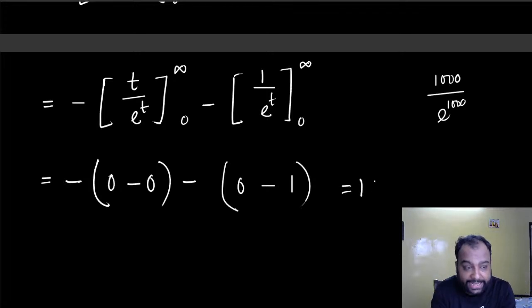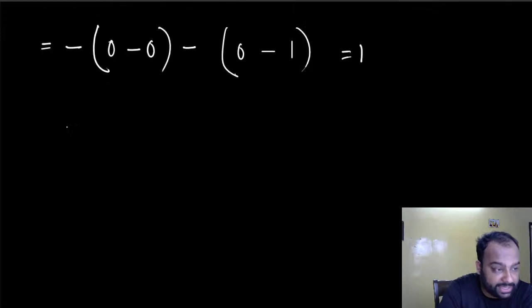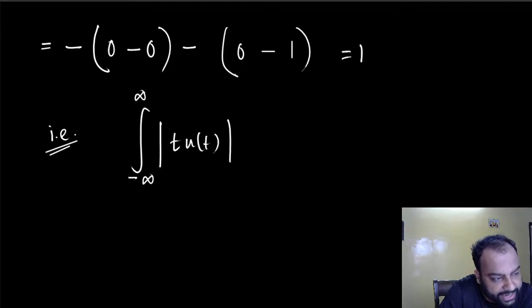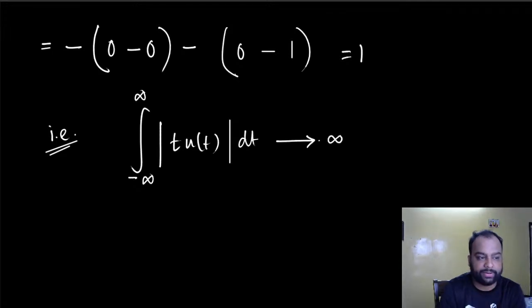The point is, we have now successfully been able to convert the ramp signal into something that is absolutely integrable. Look very carefully at what I just did. We started with a ramp signal such that this integration was diverging, not finite.